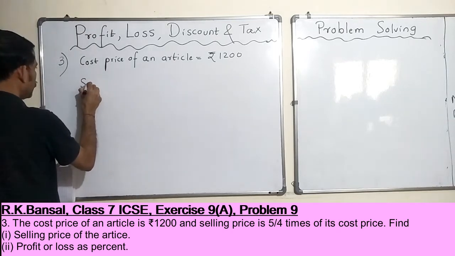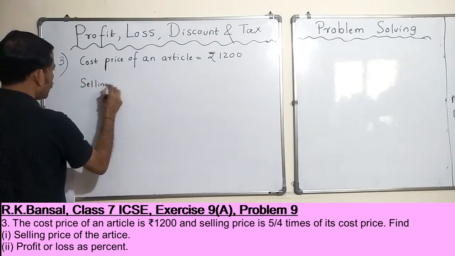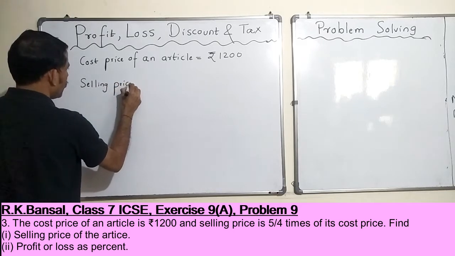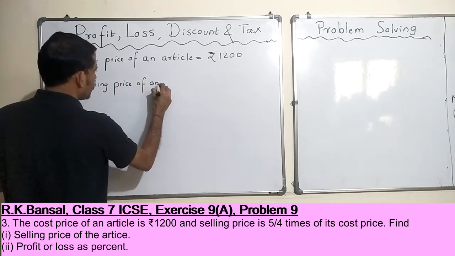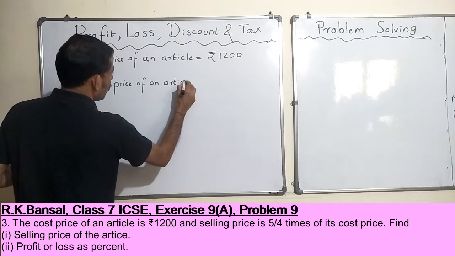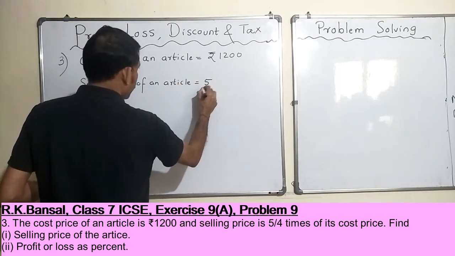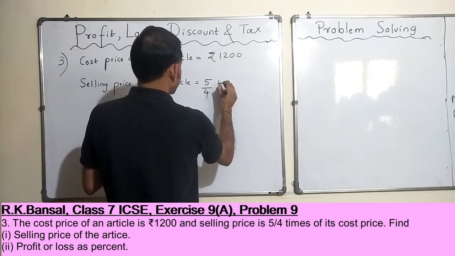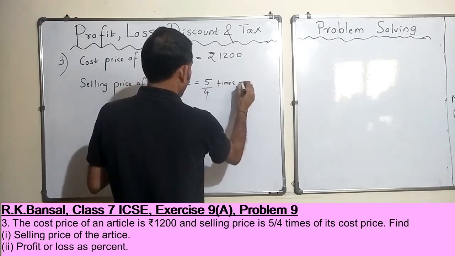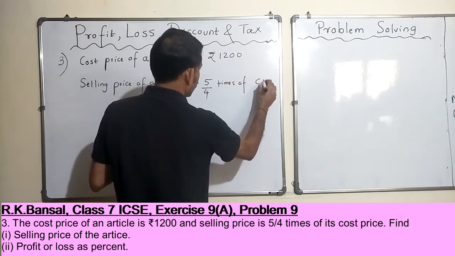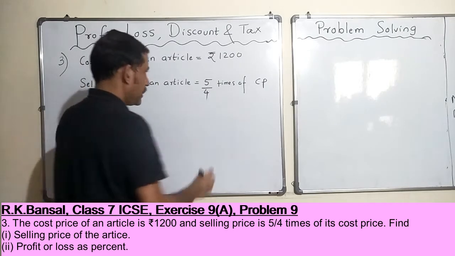So let's write that down. Selling price of an article is 5/4 times of CP, okay, 5/4 times of CP.